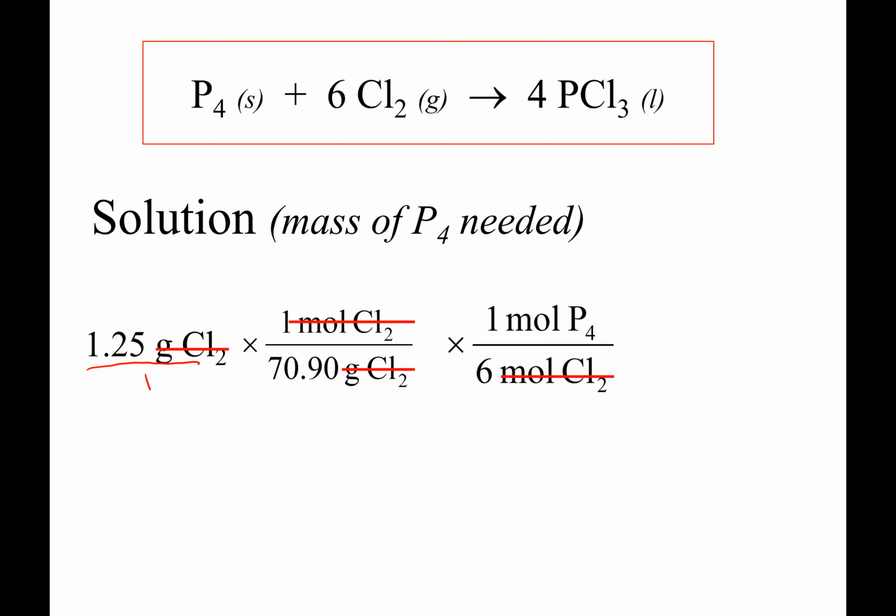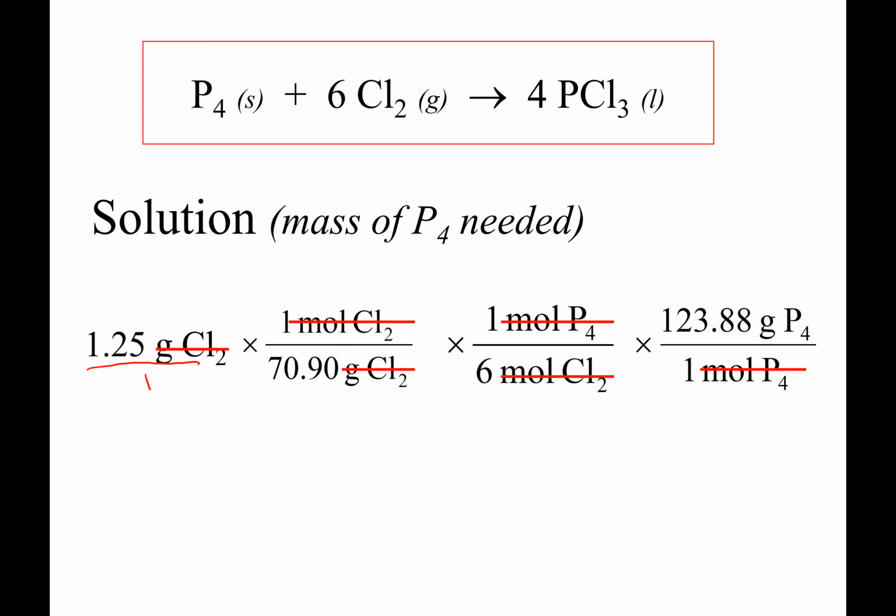Well, if we did that, then if we put mole P4 up here, that won't work. So I need to put mole P4 down here. Yeah, 123.88 grams of P4 over 1 mole of P4. Perfect.